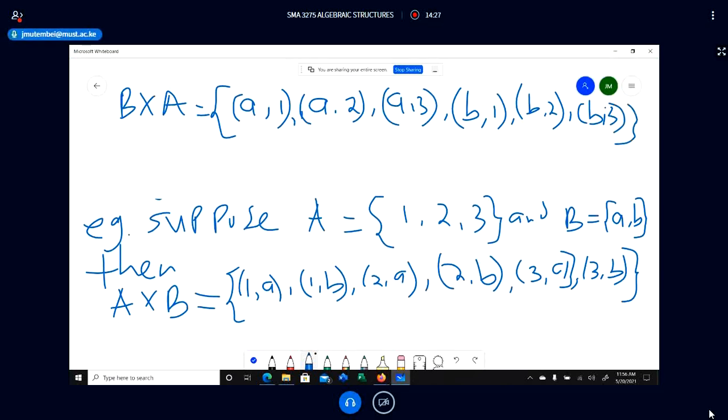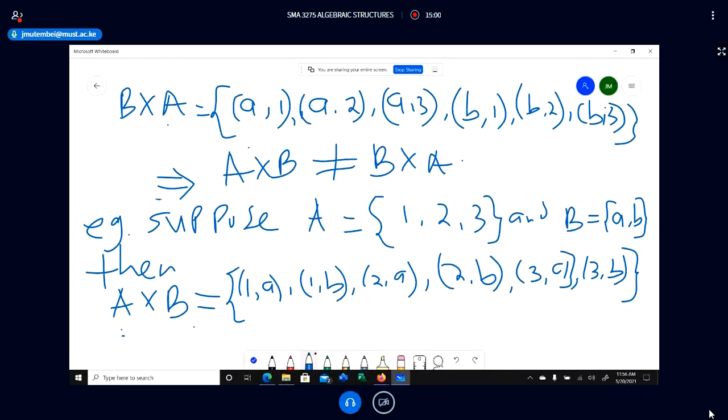You can see these points in the Cartesian product of B and A are different from the points in the Cartesian product of A and B. So even from this specific example, the Cartesian product of A and B is not equal to the Cartesian product of B and A. Those pairs of points are different.